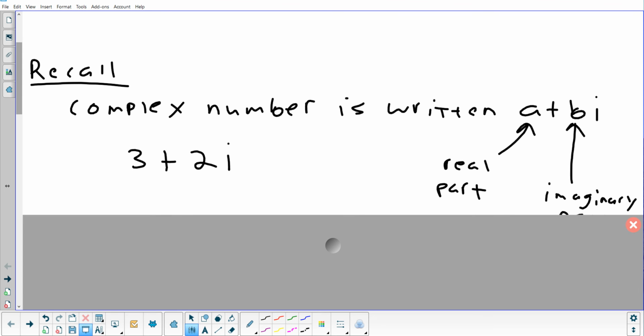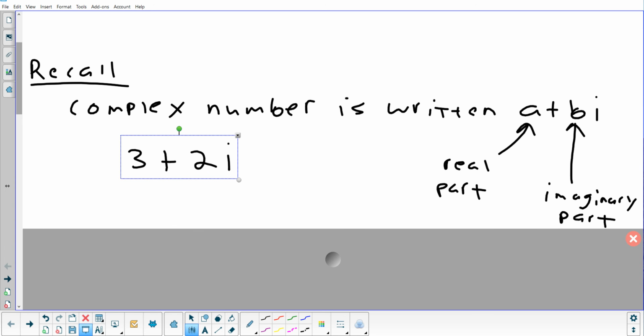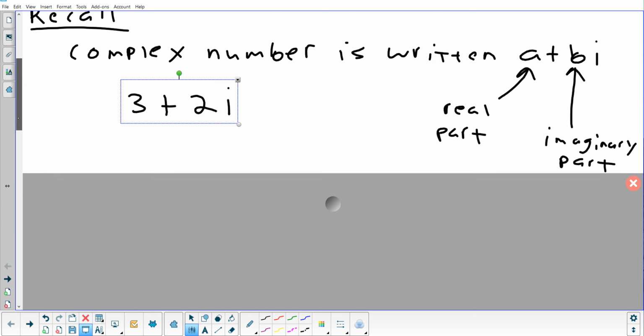You would say that this number has a real part of 3 and an imaginary part of 2. So that's standard form.